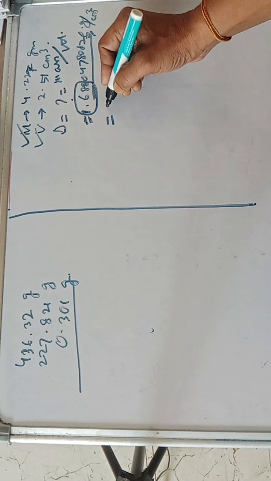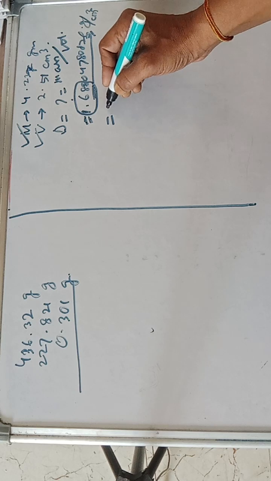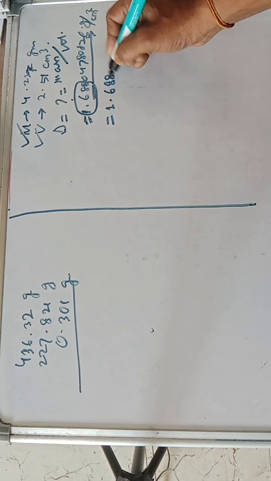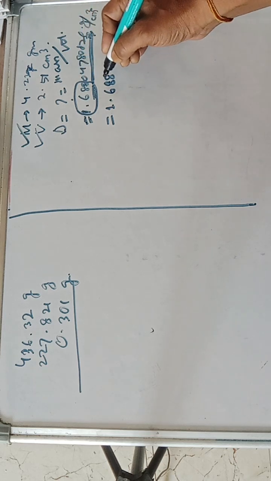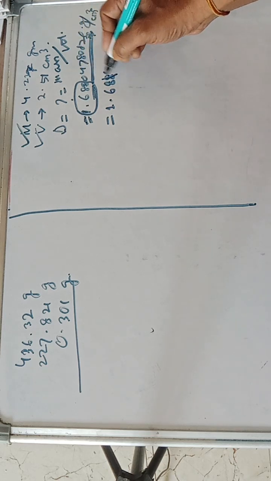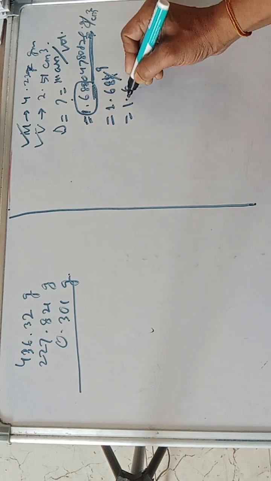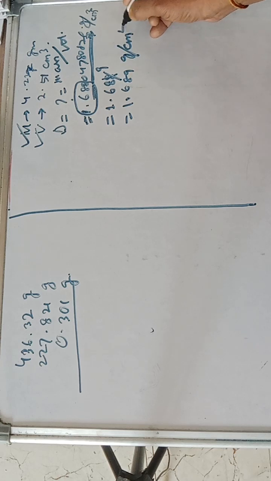Normally you used to take 3 decimal places after the decimal point. In this case it will be 1.688. Now what we will do, for the rest of the digits, instead of 8 we write 9. It became 1.689 gram per centimeter cube.